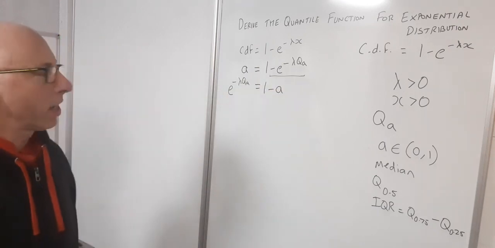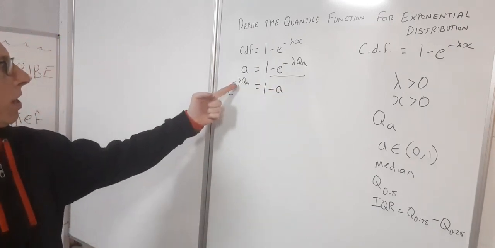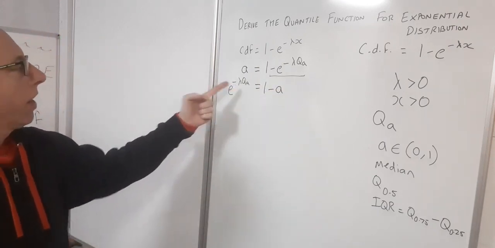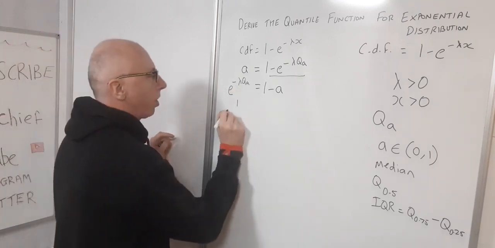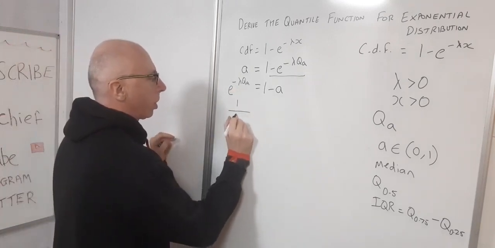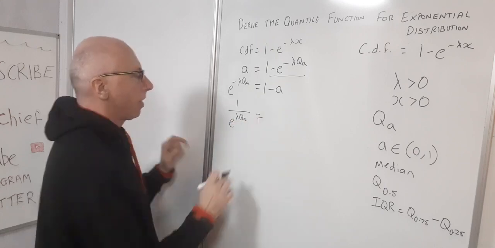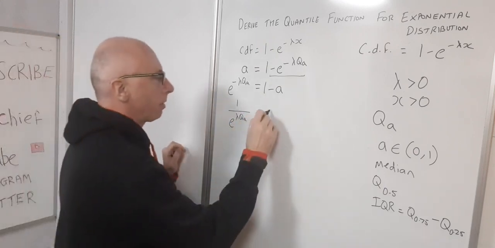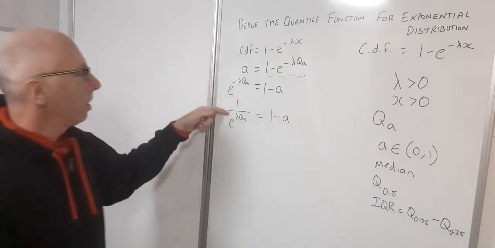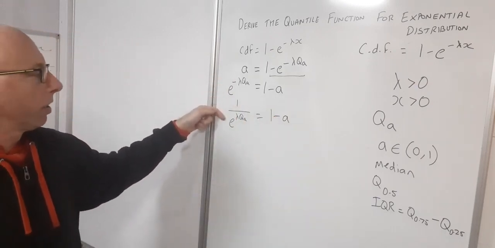That's our first step. We've got a negative sign in here, which is the same as writing 1 over the exponential function of lambda Q of a, and this is just 1 minus a. These two equations are equivalent.